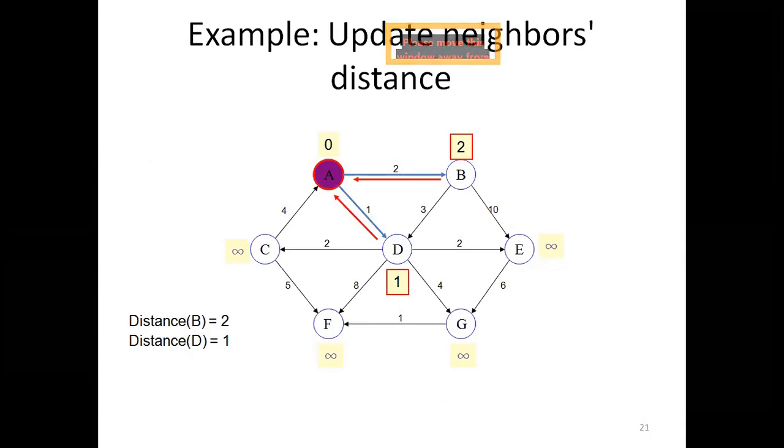So you can select this D and update the distance values. At D it is 1, since the cost from A to D is 1. The cost from A to B is 2, so at B the distance is 2. After A to B and A to D, the minimum value is A to D, so at vertex D you can update this as 1.